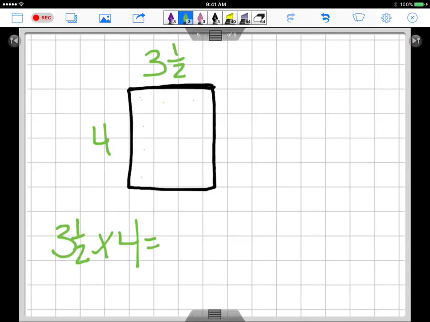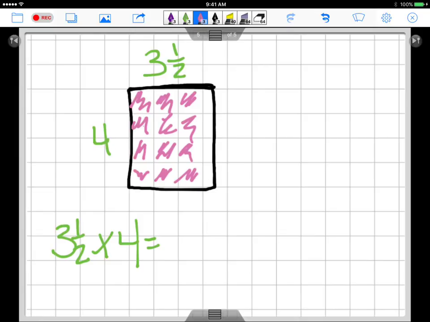We're going to figure that out. So what I can do is I can count up my squares. I can say 1, 2, 3, and leave that fraction piece for a second. 4, 5, 6, 7, 8, 9, 10, 11, 12. So I know I have 12 whole tiles.